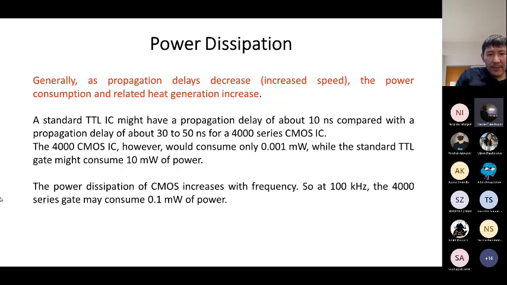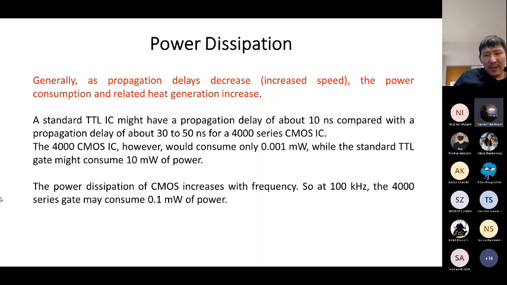It's really a big difference. Okay, so the power dissipation of CMOS increases with frequency. Sometimes we need to work with circuits that operate at high frequency, and when the frequency is high, it also consumes more power. It's physical.